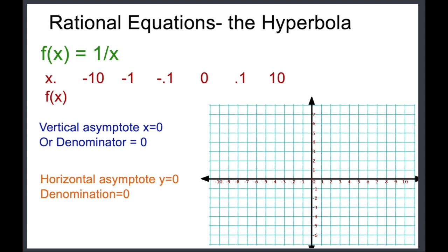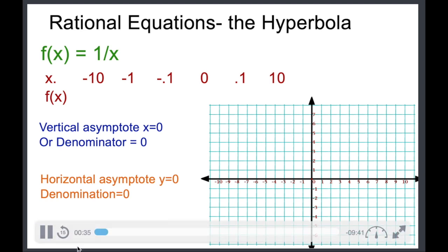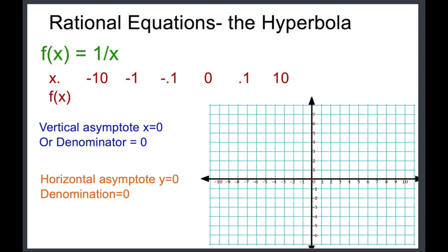If we plug in negative 10 into x, we will get negative 1/10, which would be negative 0.1. And if we plug in negative 1, we get negative 1. So this would be right here, right here.